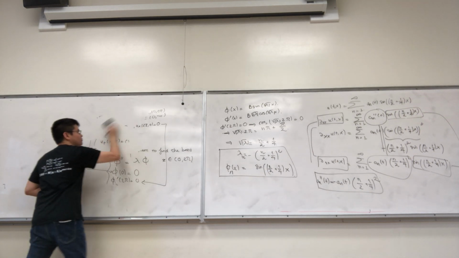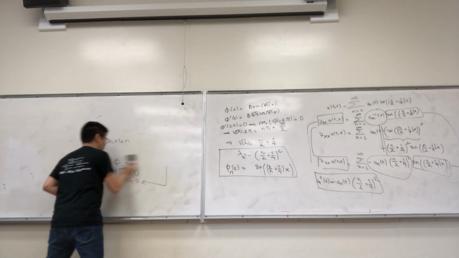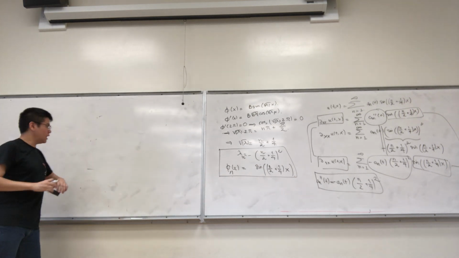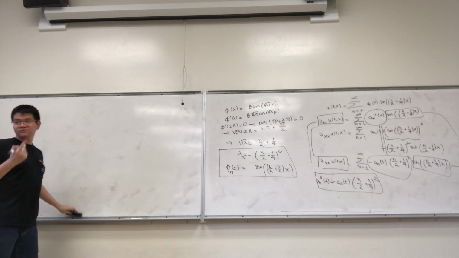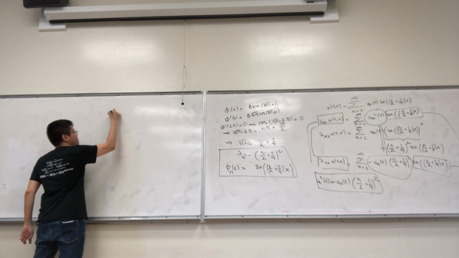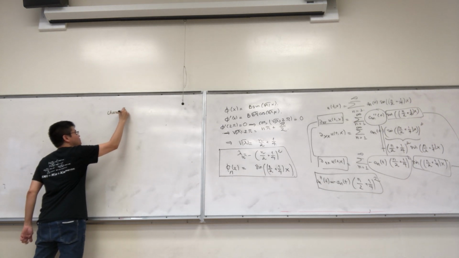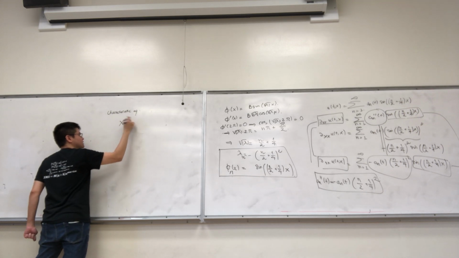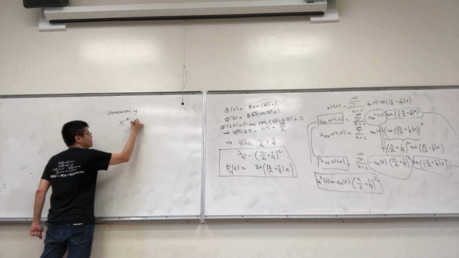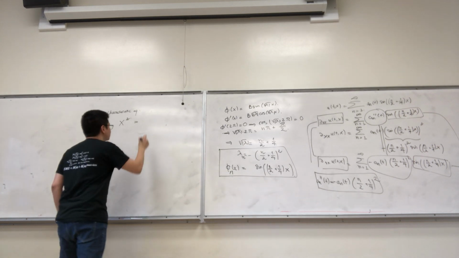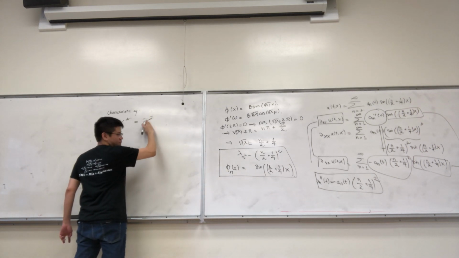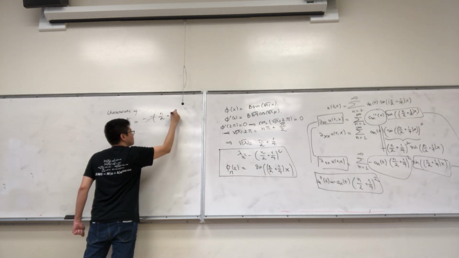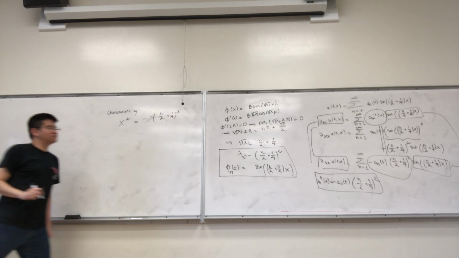Now this is a second order differential equation with constant coefficient, which means that you have to look at the characteristic equation. In this case, you have x squared equal to minus (n over 2 plus 1 over 4) squared.